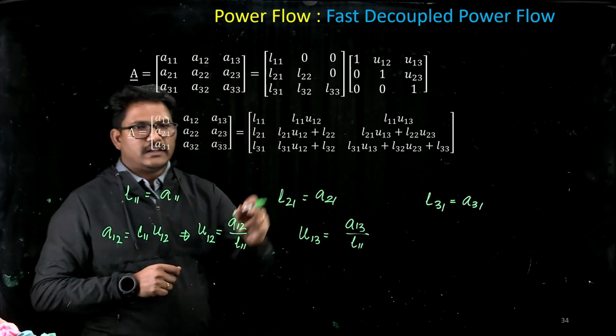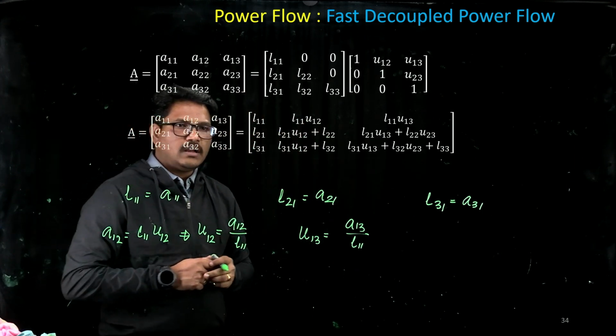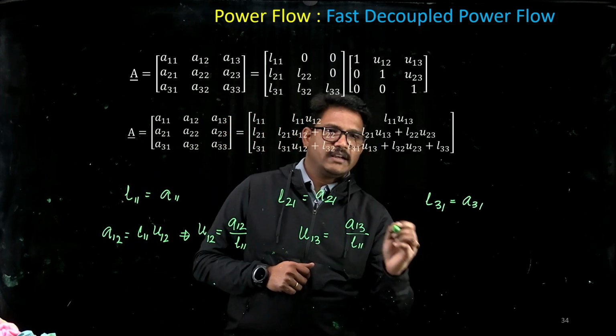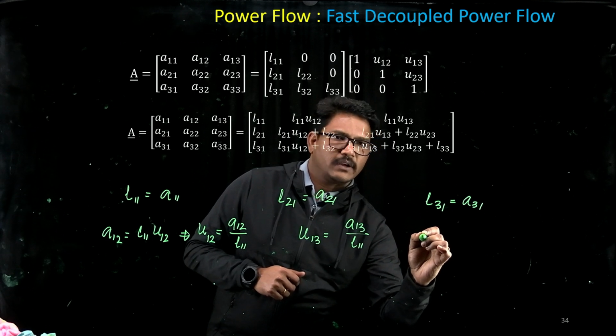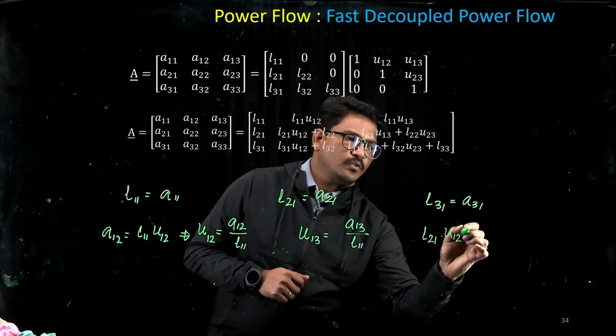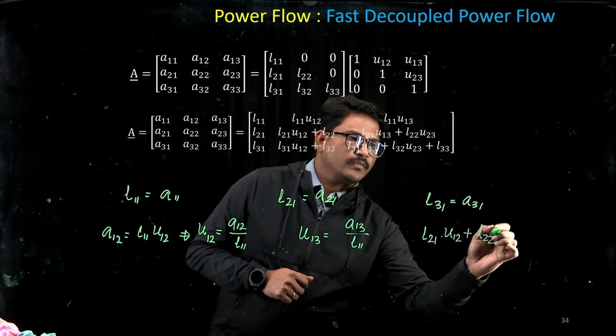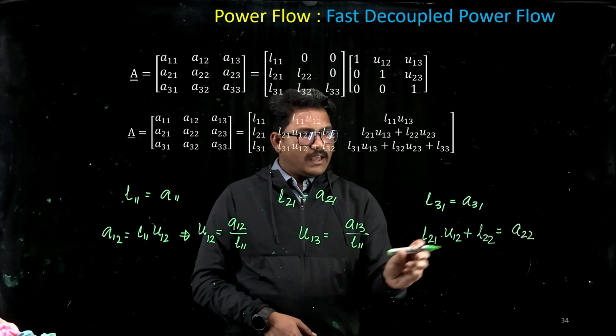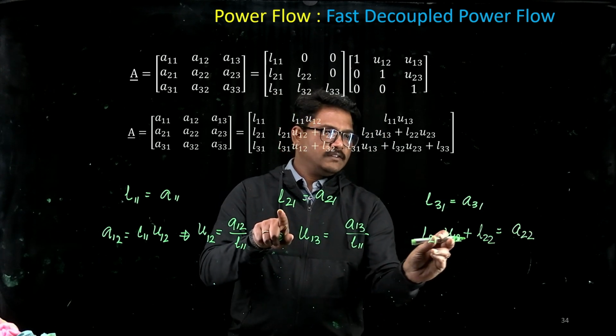And now you can use the diagonal element that we have here and get your value of L22. So if you wanted to get the value of L22, then you can write down L21 multiplied by U12 plus L22 is equal to A22 for us. Now L21 is already available for us.